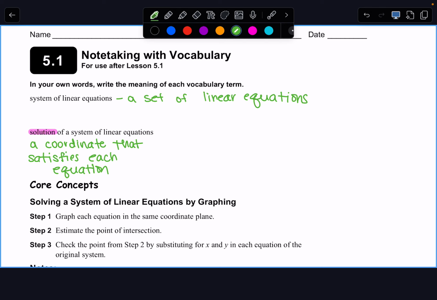So that intersect point right there? Yeah. So we are looking for where these two lines intersect.